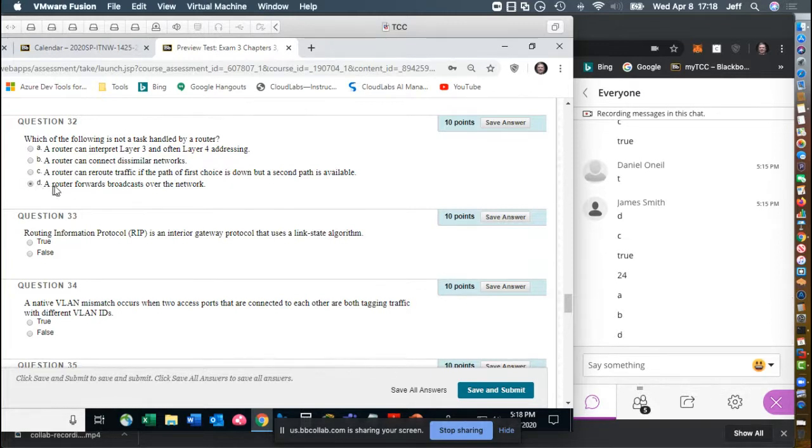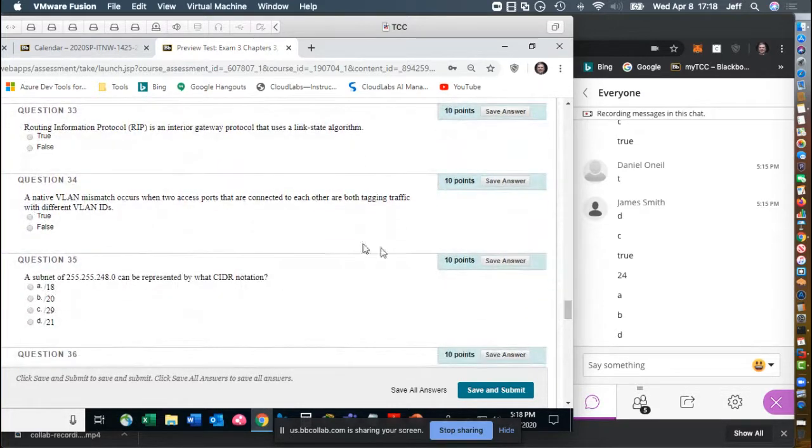D, right, it doesn't forward broadcast. All right, Routing Information Protocol, RIP, is an interior gateway protocol that uses link state algorithms. False, right?